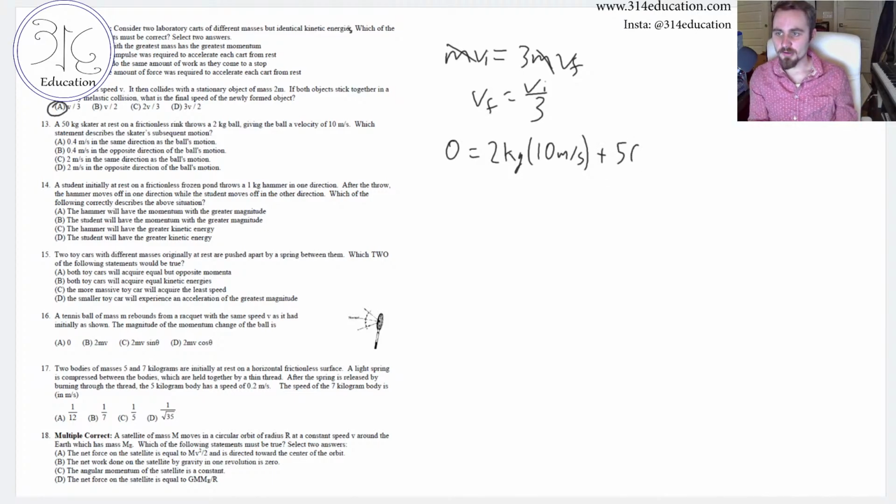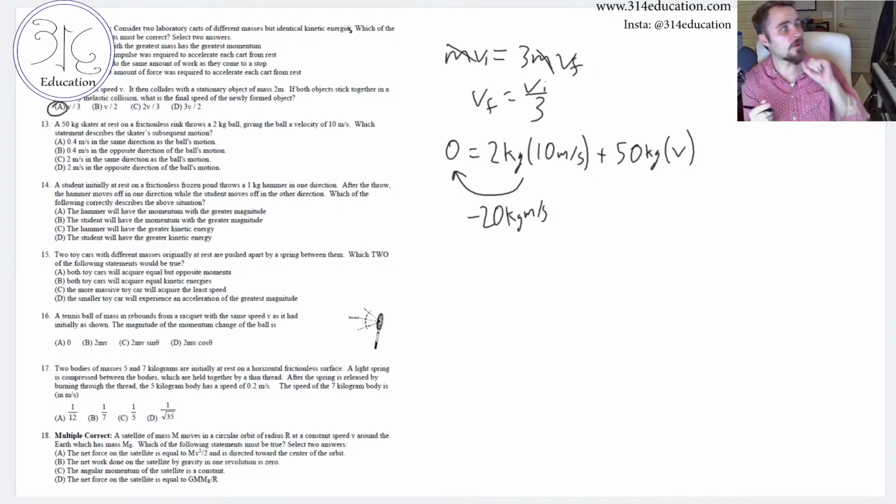So for his mass of 50 kilograms, he then has to accelerate some velocity, and we're going to see this is going to end up being a negative number. So we can start by bringing this term over to the other side by minusing it. So we'll get a negative 20 kilogram meters per second for the momentum of the ball thrown.